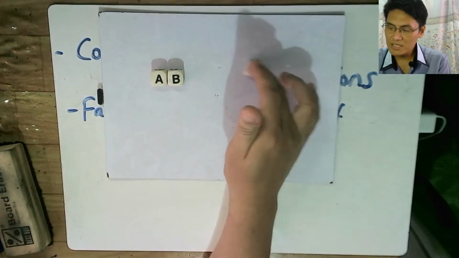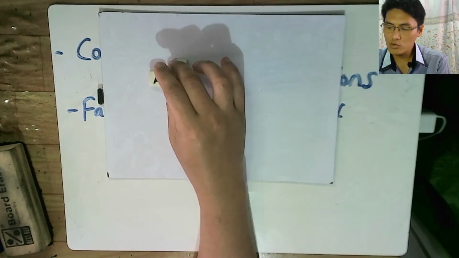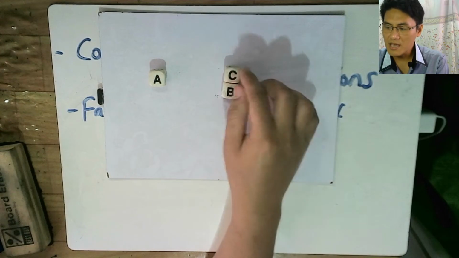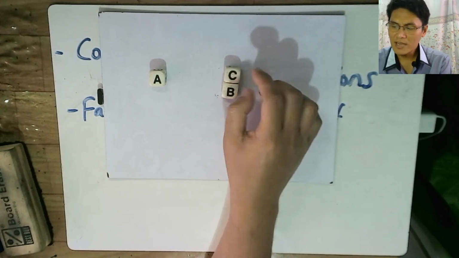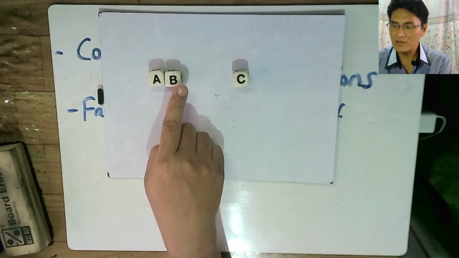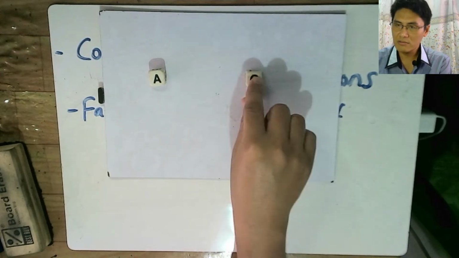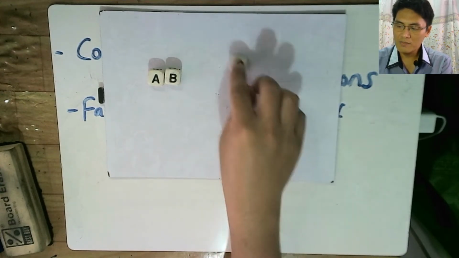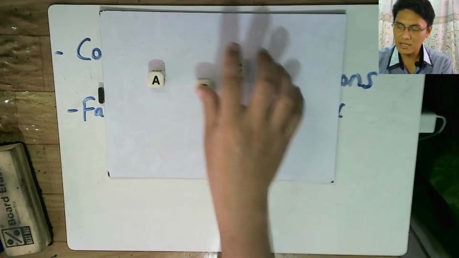So C must hit B for them to leave behind A, displace A, and C and B will be bonded together, right? And you can also apply things like maybe this is a positive ion, this is a negative ion, this is a positive ion, so therefore it needs to hit the negative ion, because if it hits the positive ion, they will just bounce back. So orientation is still key there.